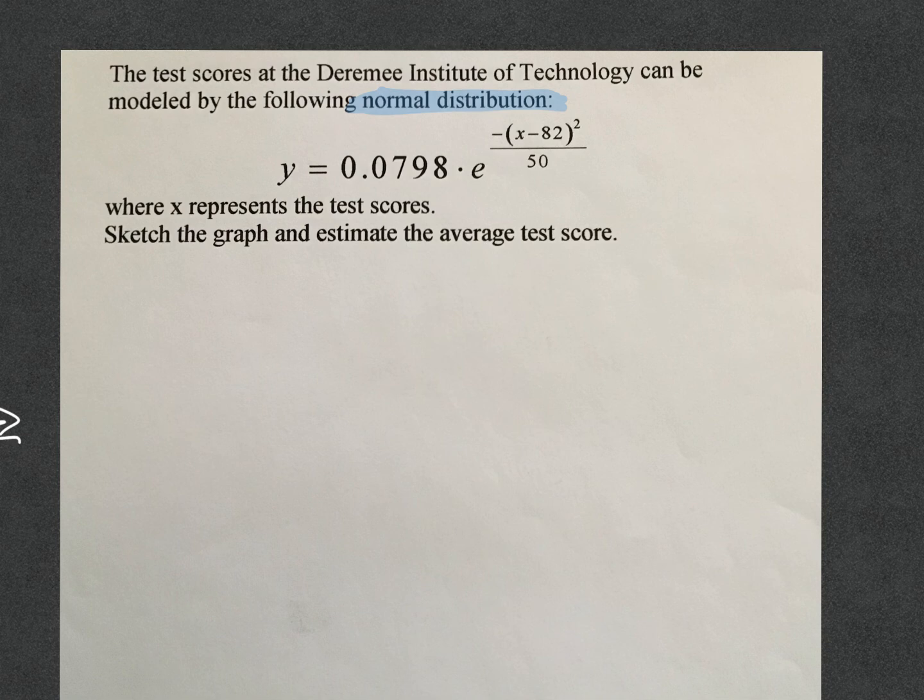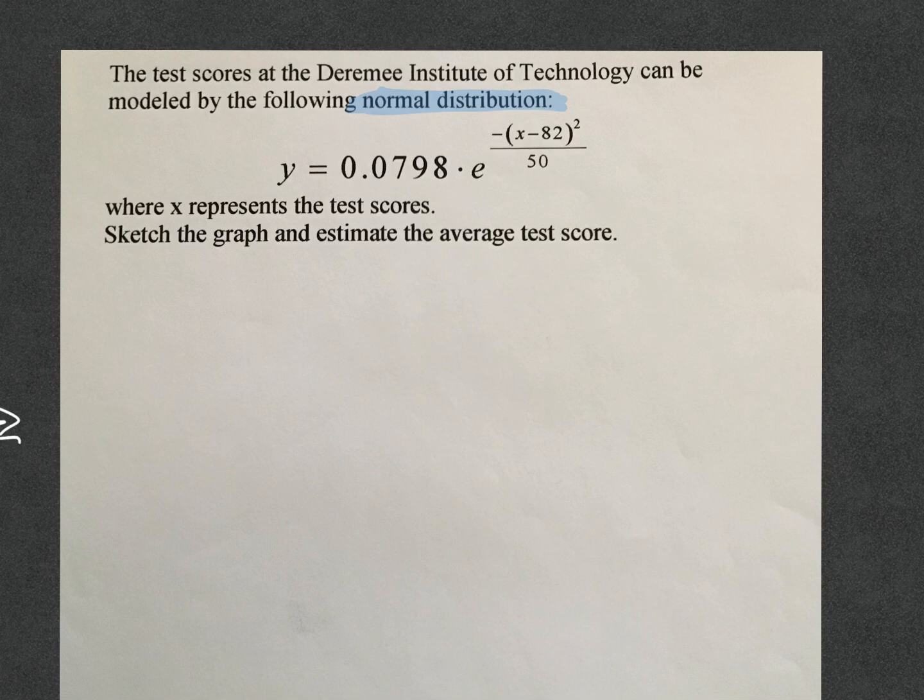0.0798 times e, and then e is going to be raised to kind of a crazy power. It's going to be raised to the negative parentheses, x minus 82 squared, divided by 50.